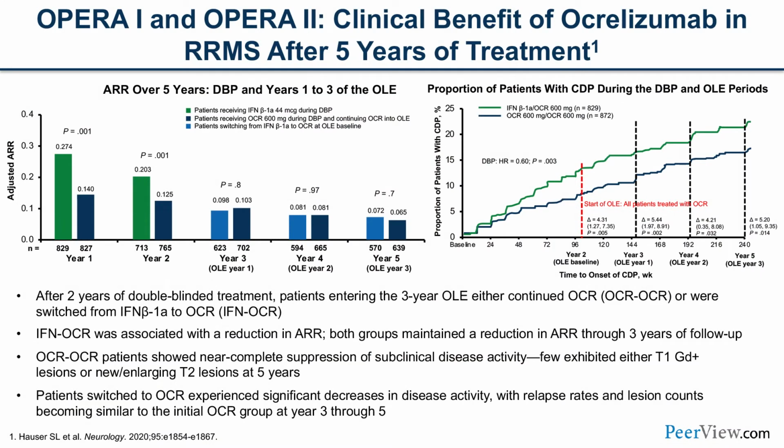As it turned out, Ocrelizumab was superior to thrice-weekly interferon beta-1a on all clinical outcomes. So it was superior in terms of prevention of relapses, superior in terms of prevention of disability worsening, and had very robust effects in terms of new lesion formation.